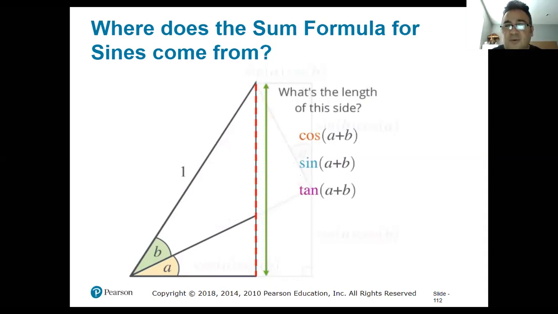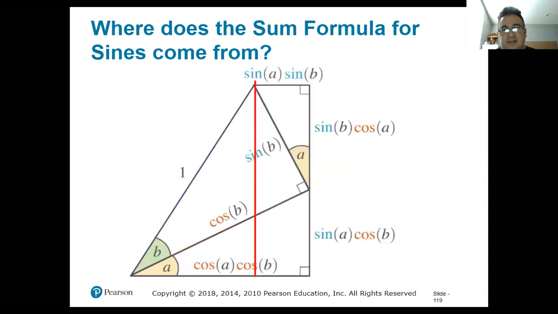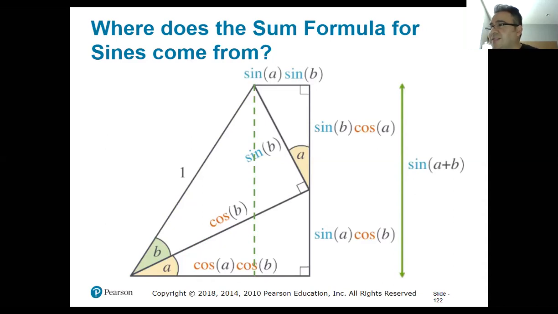And not just because we said that's the one we were going to talk about, but because if you take a look at this angle here, this angle is the sum of those two angles, A and B. For the big triangle, that side is opposite angle A plus B, and the hypotenuse is still 1, so it would be sine of A plus B. Now if we take that length and see that it's the same as the other side, we can see where the formula comes from.